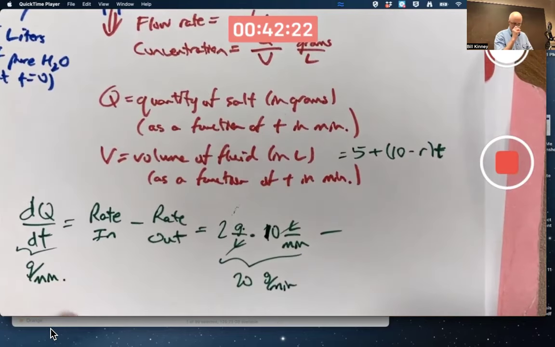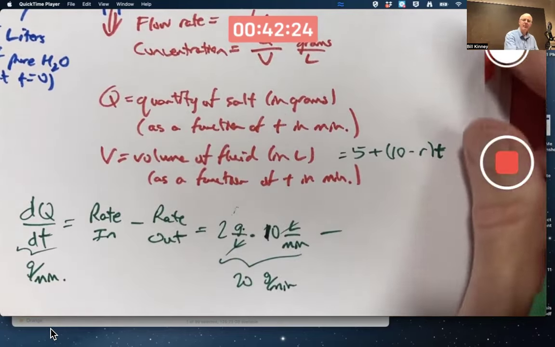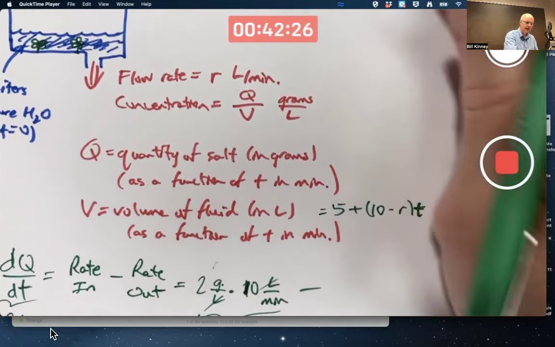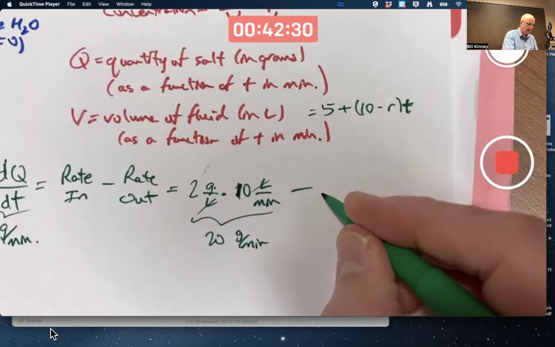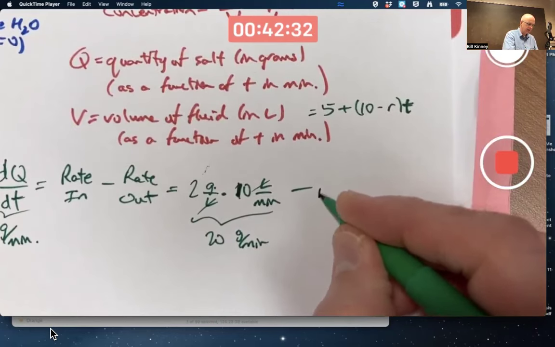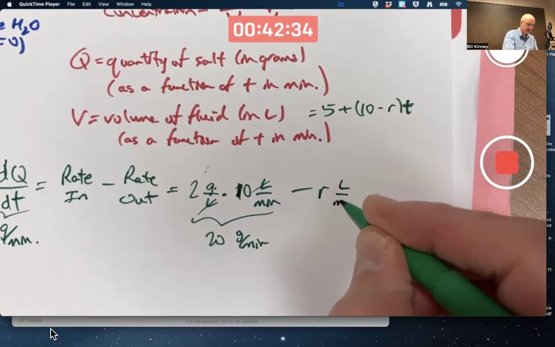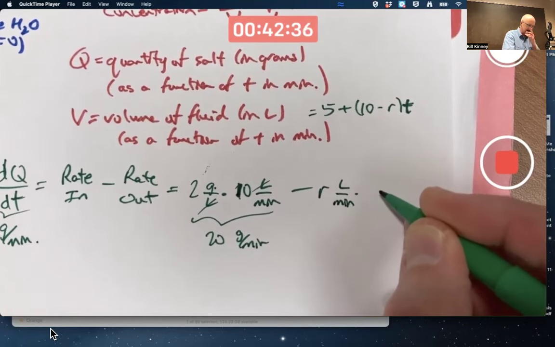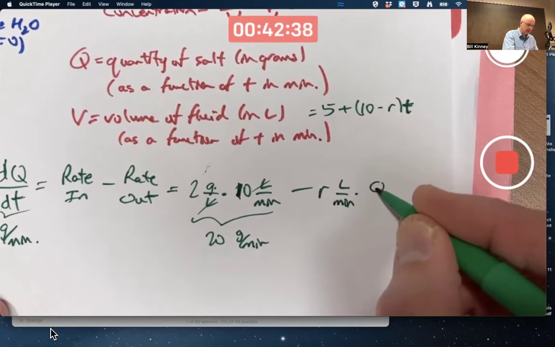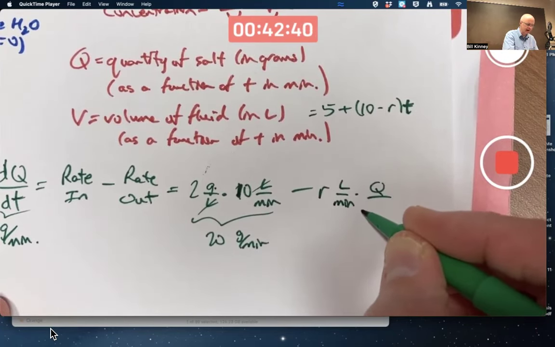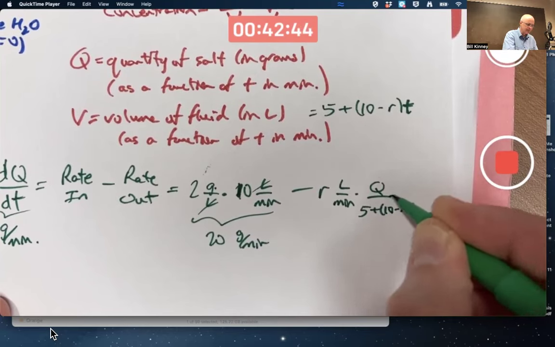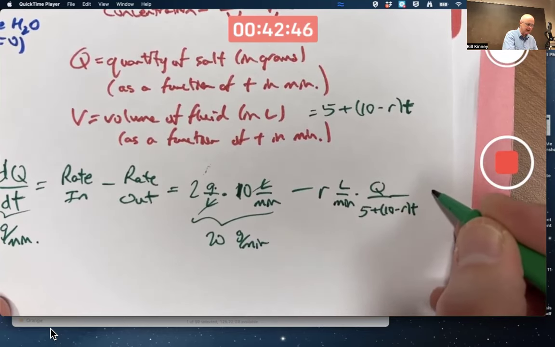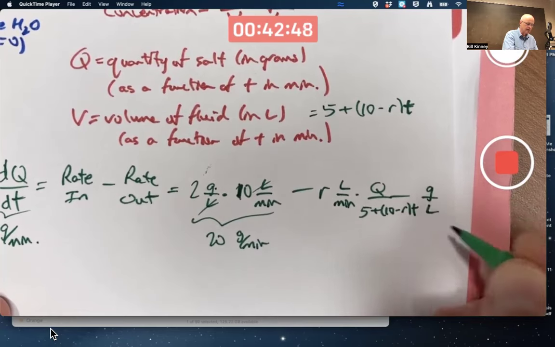What's the rate out? Multiply these two things. I'll put the flow rate first, R liters per minute, times the concentration, which was Q over V. I will replace V with 5 plus 10 minus R times T. That is in grams per liter.